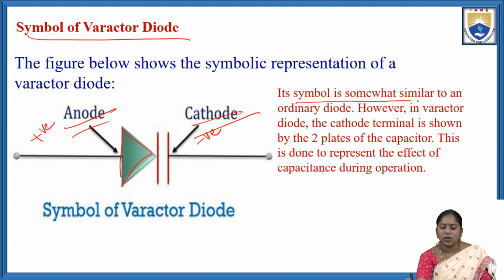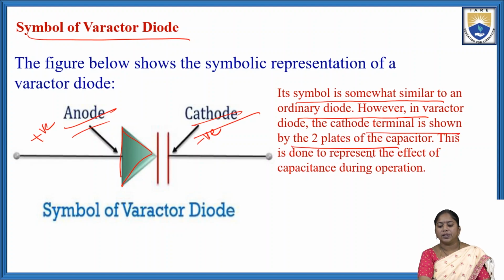The symbol is somewhat similar to the ordinary PN junction diode. However, in the varactor diode, the cathode terminal is shown by the two plates of a capacitor.